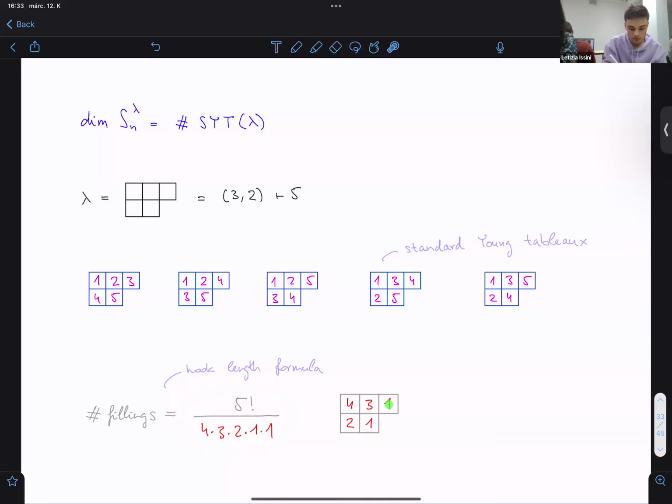So here we have 1, and 1, and 3, and 2, and 4. And the formula says that the dimension is equal to the factorial of the number of boxes over the product of these numbers, which are called hook numbers.